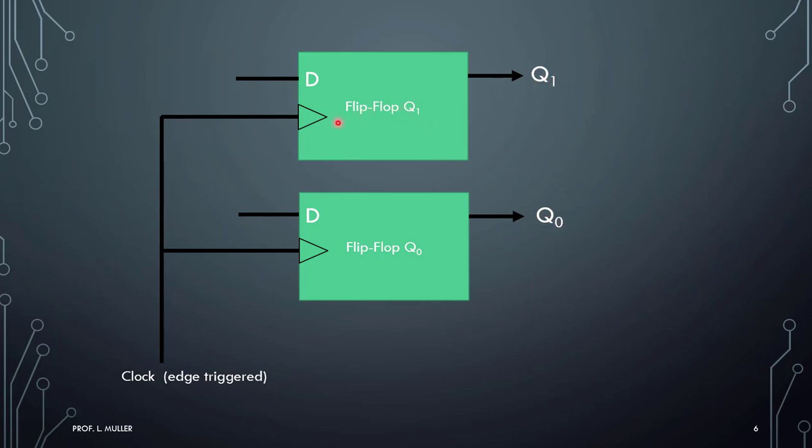Both flip-flops will get a synchronous pulse, and they'll both react to their respective Ds, producing some Q. So what we need to do is design some sort of circuit to feed the Qs back to here. So when the pulse comes in, depending on the current value of Q, the future Q will emerge.